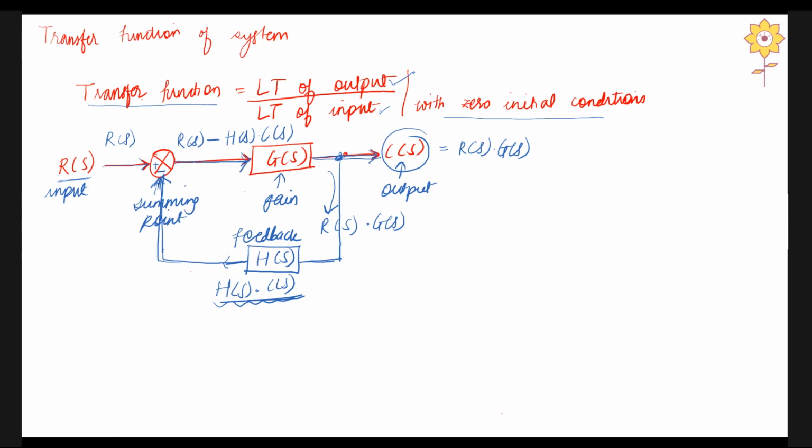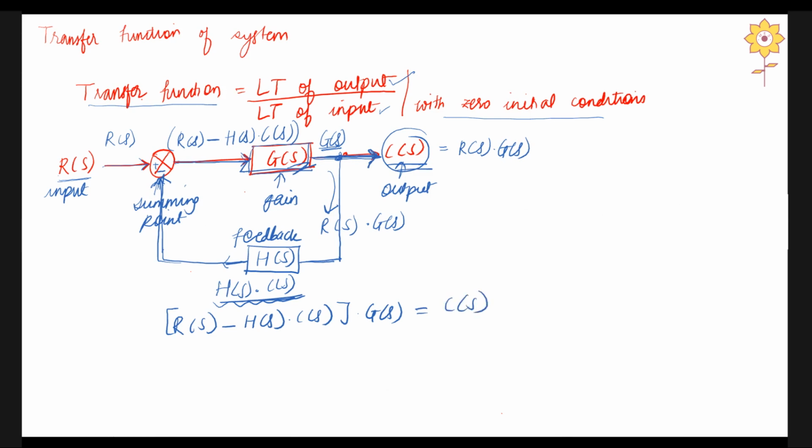Then ultimately it will get into the gain block, right. So, the gain will be multiplied with this particular term, which is ultimately written as: R(S) minus H(S) into C(S), multiplied with G(S), that is the gain block, and ultimately this will come out as the output, which is nothing but C(S), right.